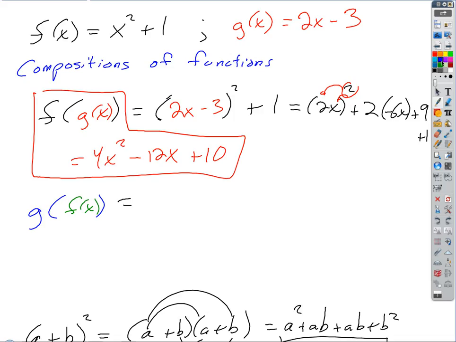So I'm just going to get 2 times f of x minus 3, which is what? 2 times f of x is x squared plus 1 minus 3. So what's that simplify to?